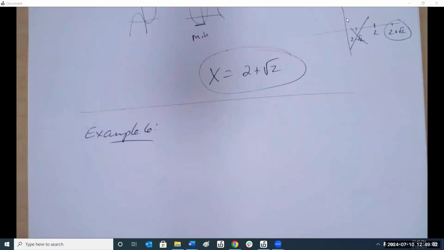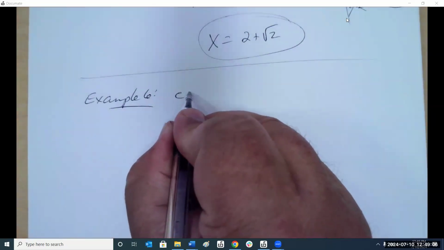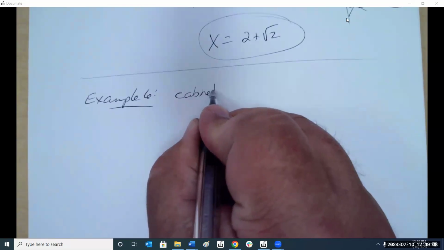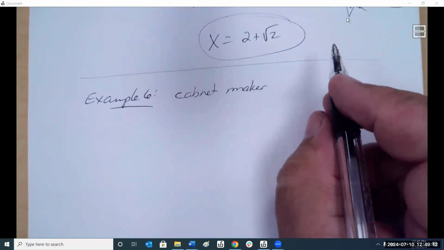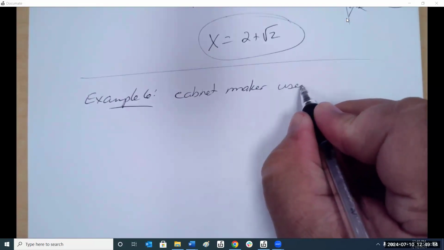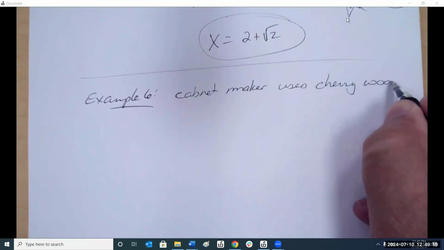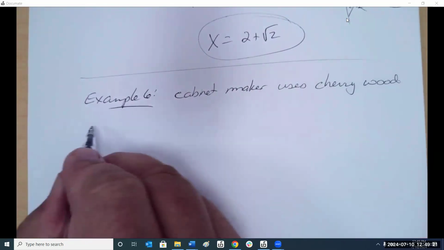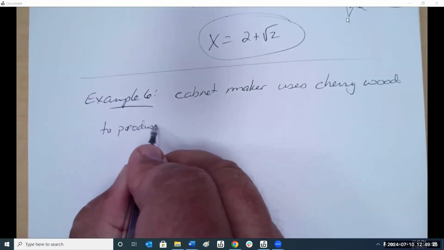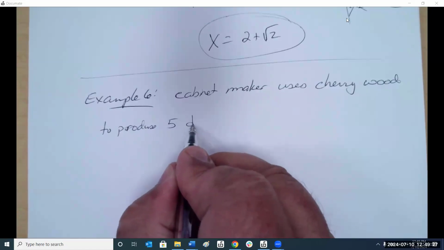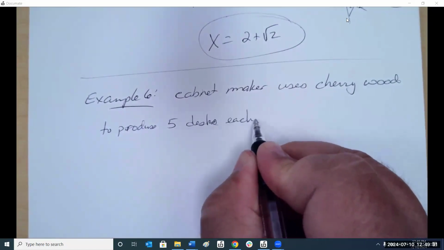Example 6. A cabinet maker uses cherry wood to produce 5 desks each day.